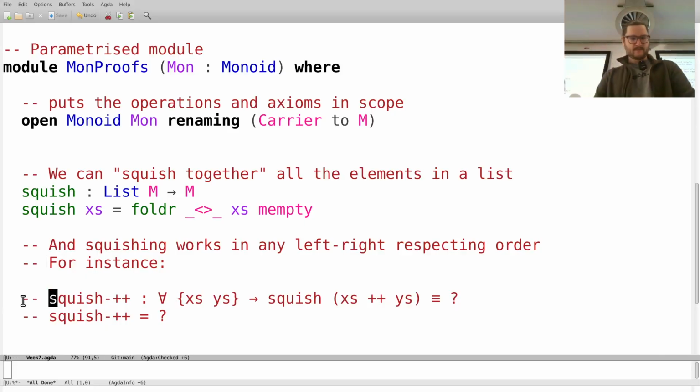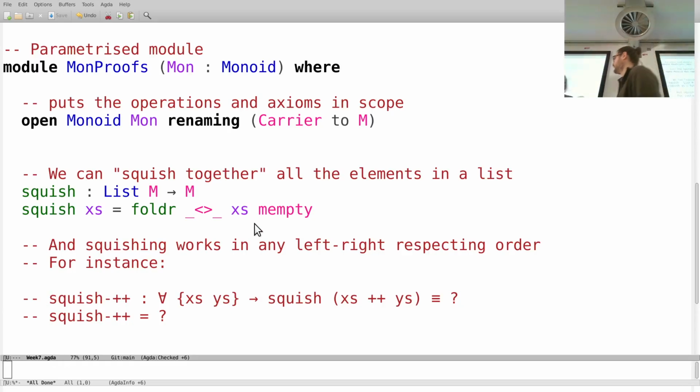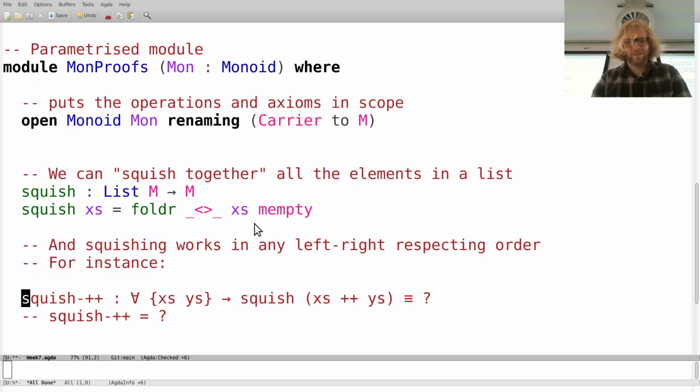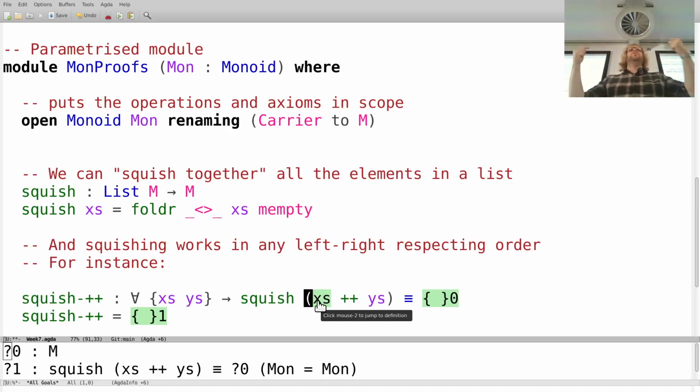Meanwhile, we can think about this. So what would it mean to squish together a concatenation of two lists, right? What squish is doing is it's just taking all of the arguments in its input lists and using the operation on them one after another, right?